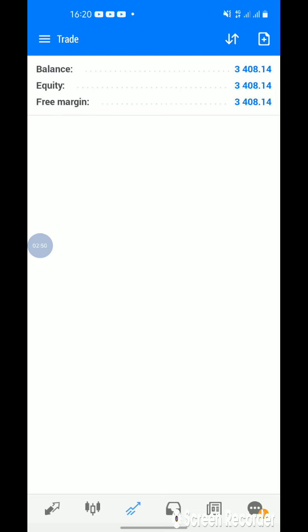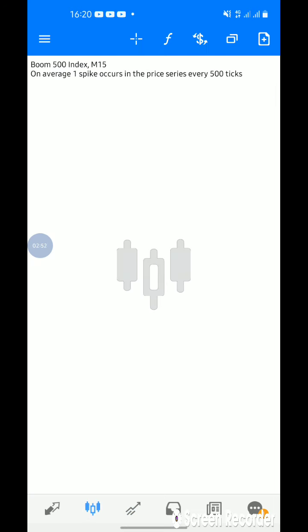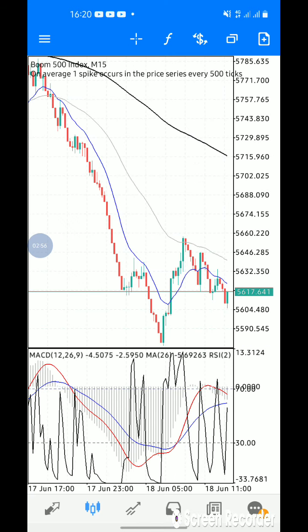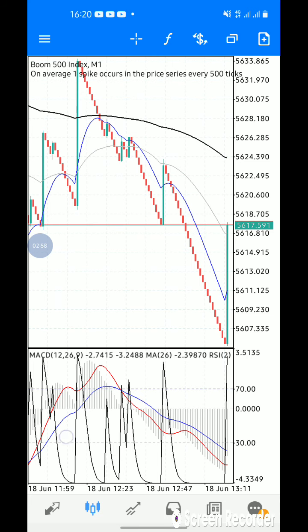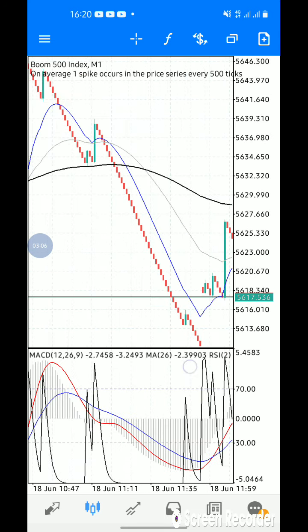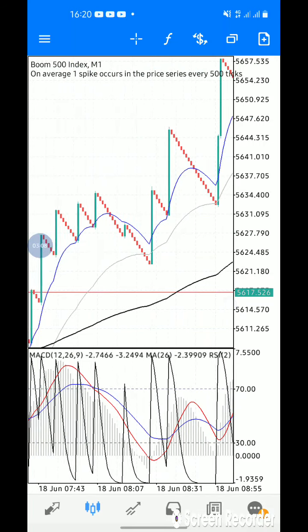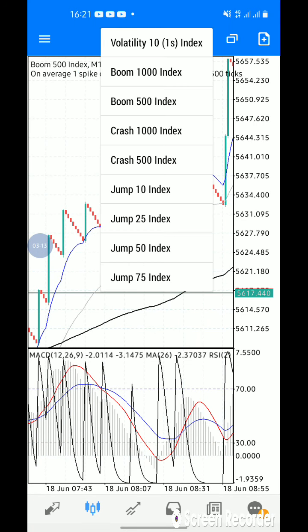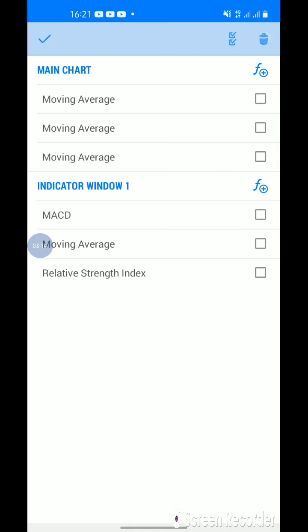Let's get some data. Maybe my network is slow, I don't know. Okay, good, we're in. A question: how do I know that a spike is imminent? So first I want to show you how we get this similar setting on a mobile device.